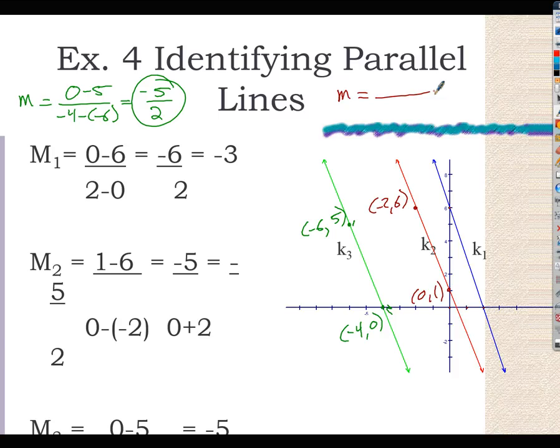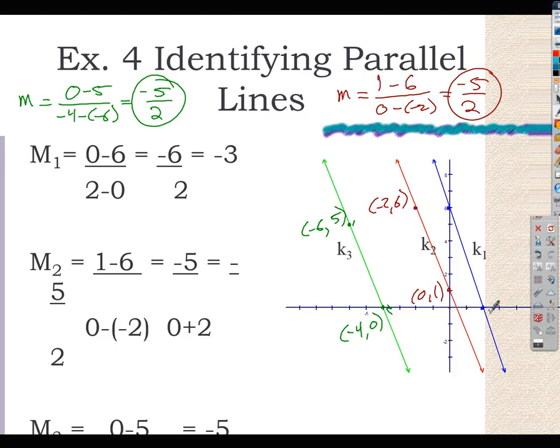Okay, good, y2 minus y1 divided by 0 minus negative 2. So what's that give us on the top? 1 minus 6? Negative 5. 0 minus negative 2? 2. What's that tell us about those two lines? They are parallel.